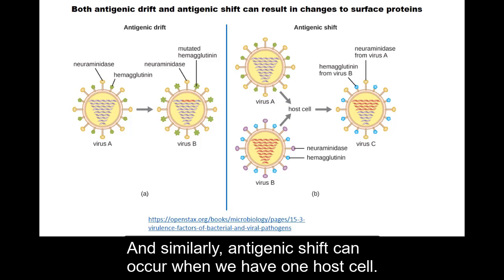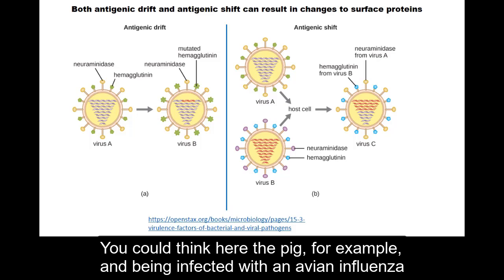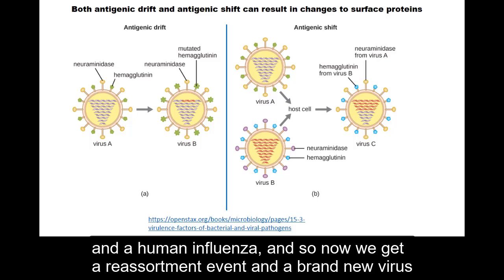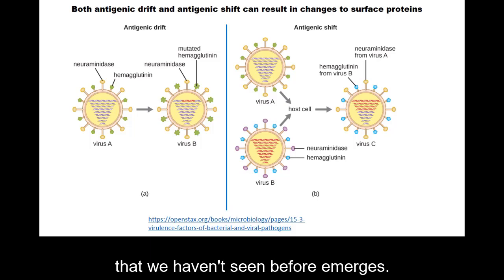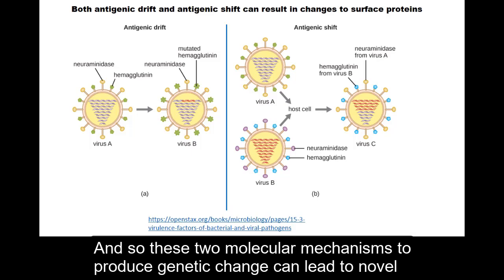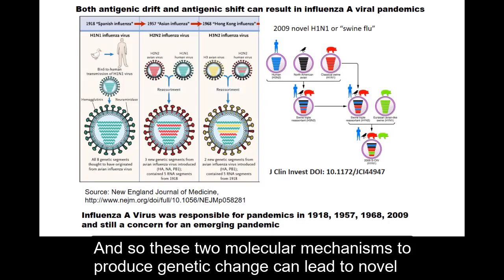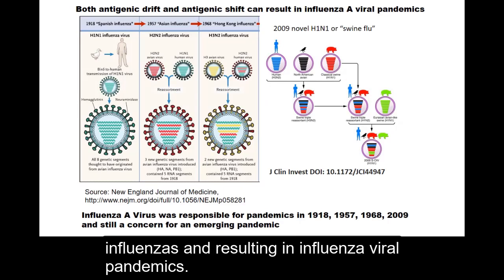And similarly, antigenic shift can occur when we have one host cell, you could think here the pig, for example, being infected with an avian influenza and a human influenza. And so now we get a reassortment event and a brand new virus that we haven't seen before emerges. And so these two molecular mechanisms to produce genetic change can lead to novel influenzas and result in influenza viral pandemics.